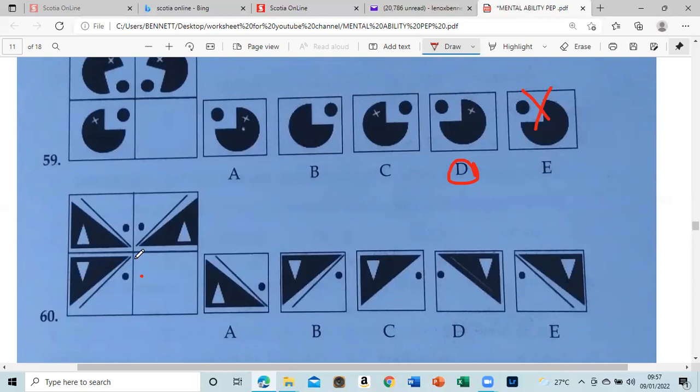Now it must turn something like so. The one here, the piece goes right across, right? I'm gonna put something like this.